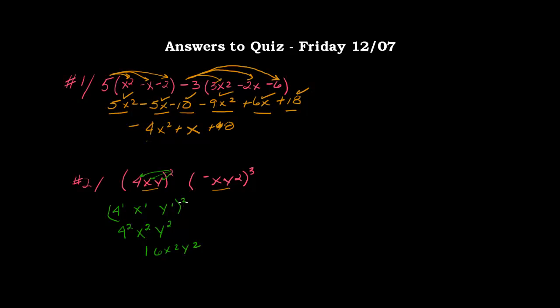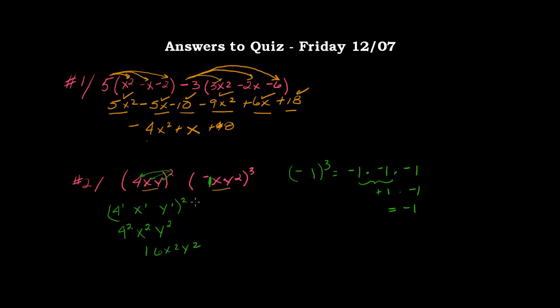Now, this is the trickier one because there is a coefficient in front here that's understood. That's negative 1. So listen, negative 1 to the third is equal to negative 1 times negative 1 times negative 1. That's a positive 1. That's a negative 1. So that is negative 1.